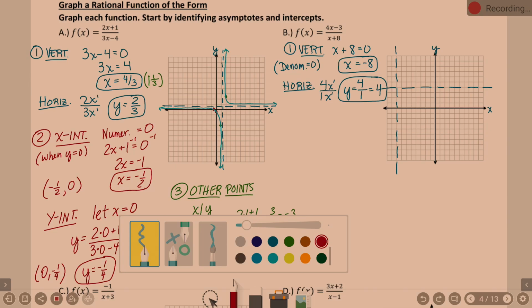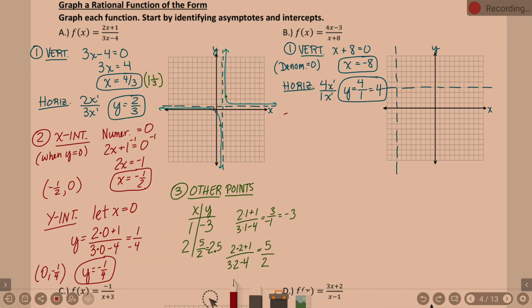What do we do next? The x-intercept stuff. Yeah. X and Y intercepts. X-intercepts happen when y equals 0, but then that means you're saying your numerator equal to 0. Okay?